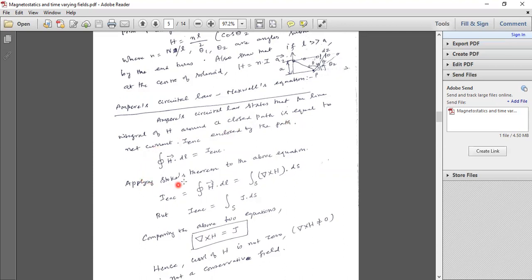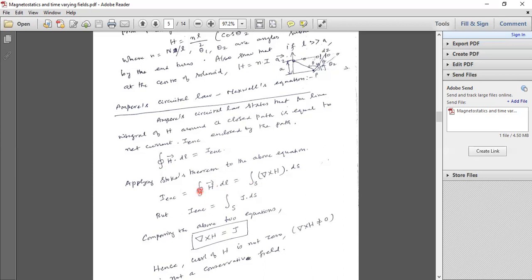Mathematically it is written as the line integral of H dot dl equal to I enclosed. Here dl represents the circumference of that closed Amperian loop, which is equal to I. When you apply Stokes theorem, H dot dl can be written as the surface integral of del cross H dot ds.